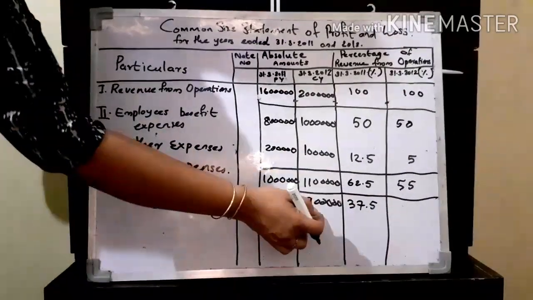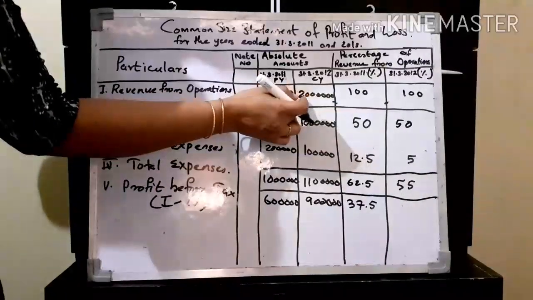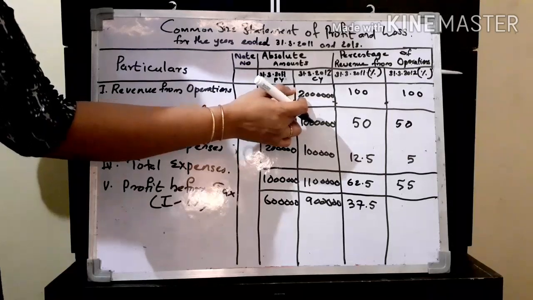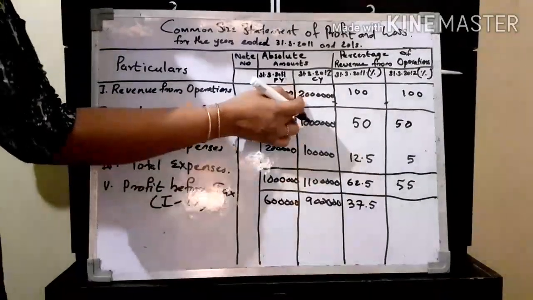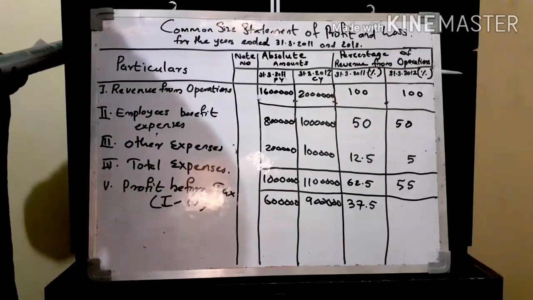Then 9 lakhs divided by the current year revenue from operations, 20 lakhs, into 100, that is 45%.